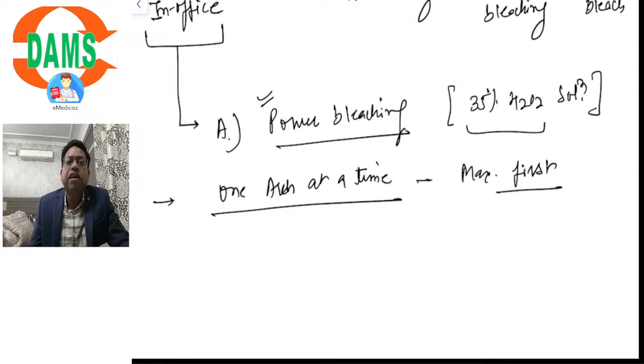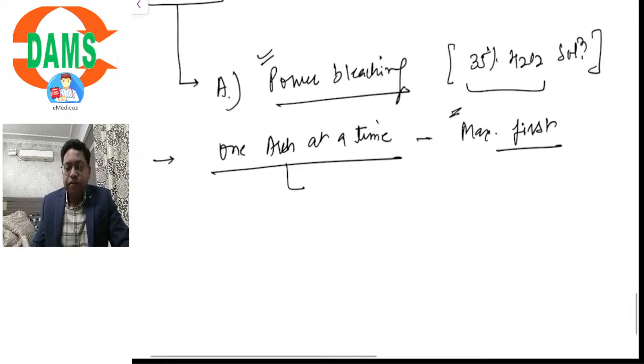Since the maxillary arch is more aesthetically visible, the dentist and the patient both prefer that the maxillary teeth be bleached first. So, we bleach one arch at a time, usually the maxillary, simply to serve as a baseline with the reference of the non-bleached arch. We can show the patient that, okay, this was your original shade. These are the improvements, one or two shades in the teeth.